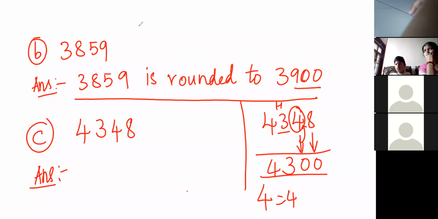It means what? 4,300 is closer to 4,348 than 4,400. Got it? We are rounding it to the hundreds number.